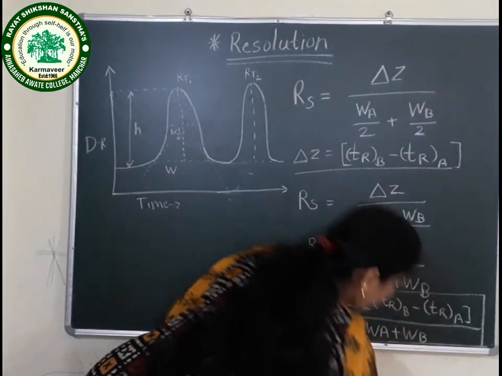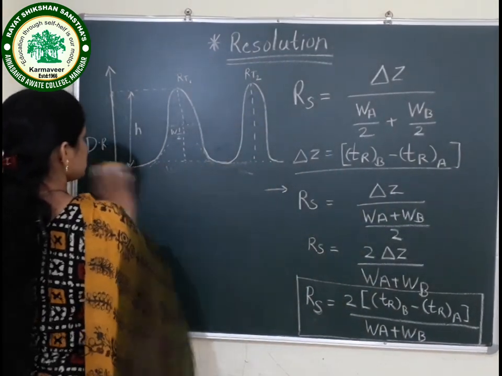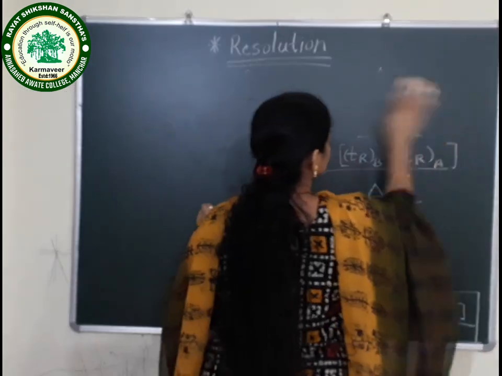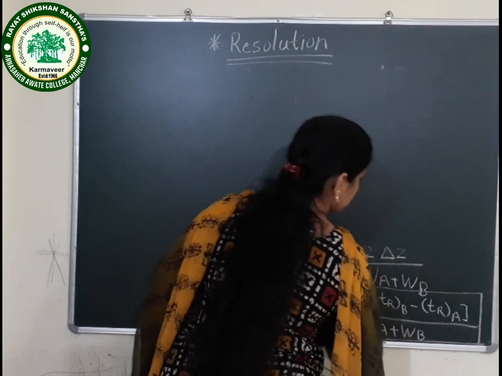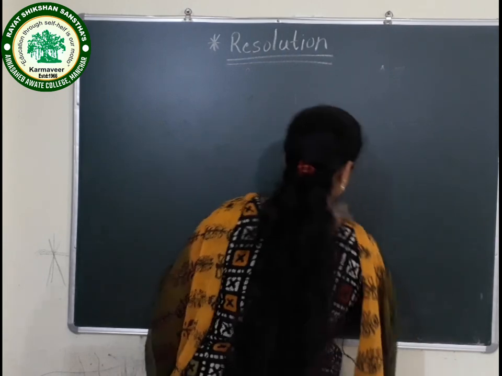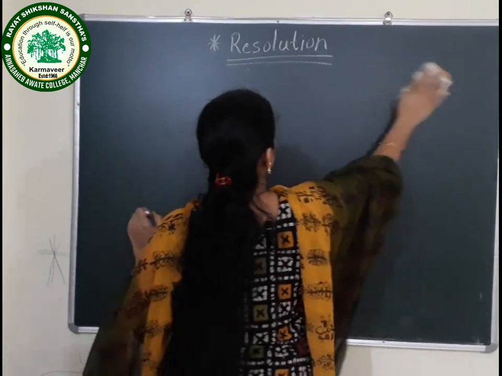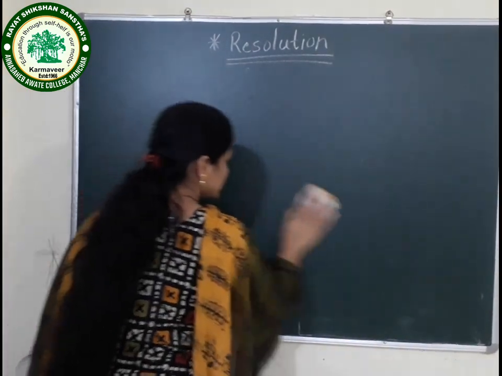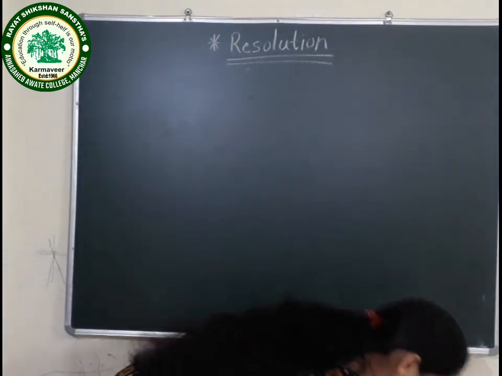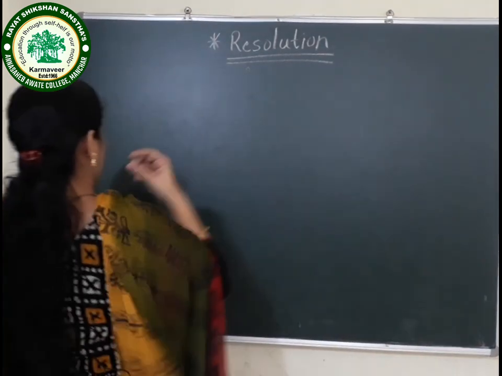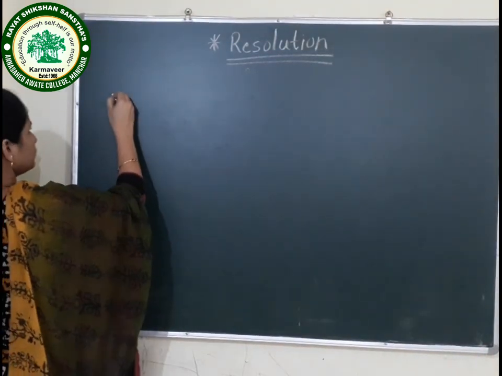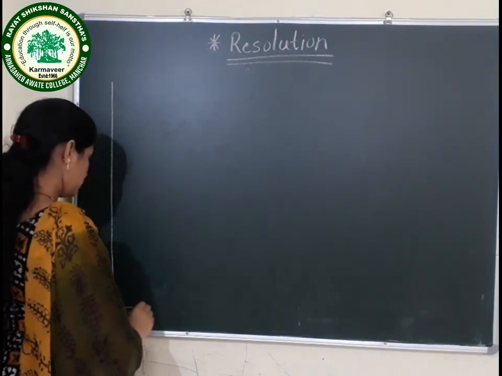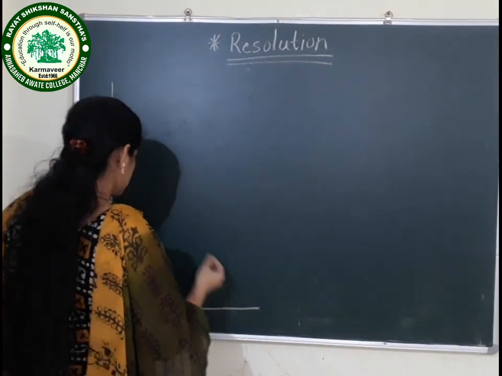Now we will consider one example of this resolution. What is that example? Now I will draw one graph for the 3 components.